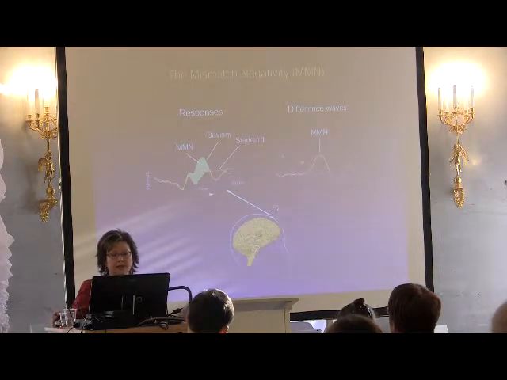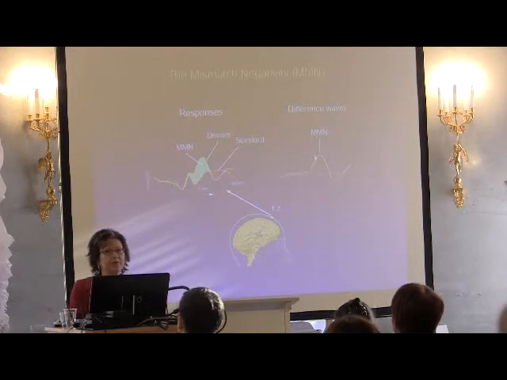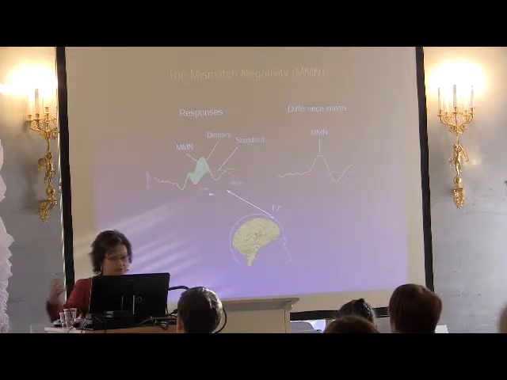And it's usually studied from difference waves. You subtract these two responses from one another, and then you get this kind of a response. You need lots of replications and repetitions for acquiring this response, so you have to collect data over a long period of time to get a reliable response.